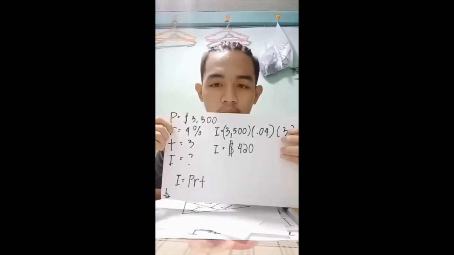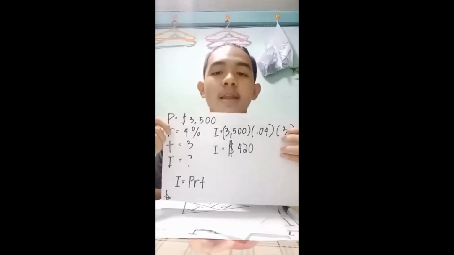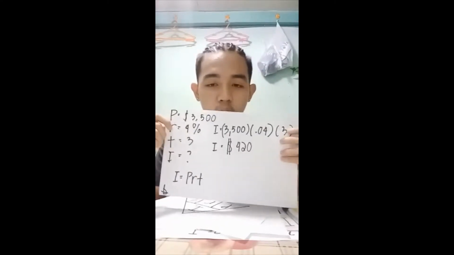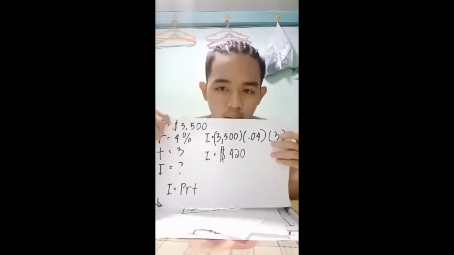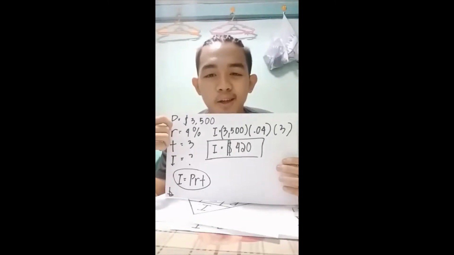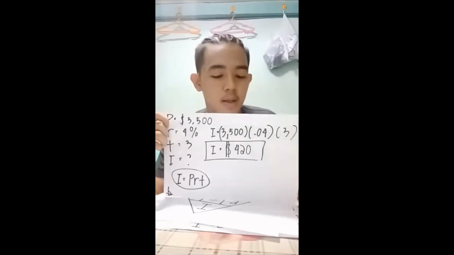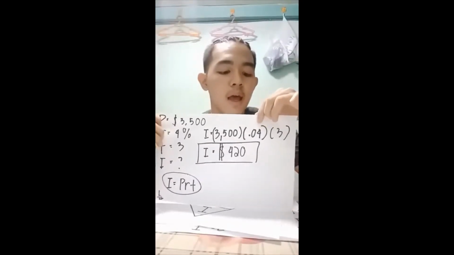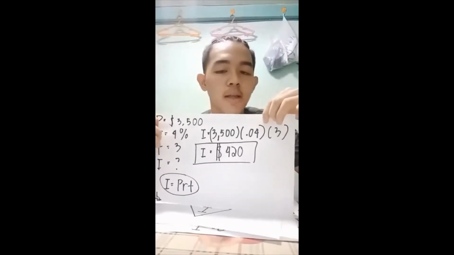The formula for that is I, interest, is equal to P times R times T. So just substitute it. If you have a scientific calculator, just put in 3,500 times 0.04 times 3.